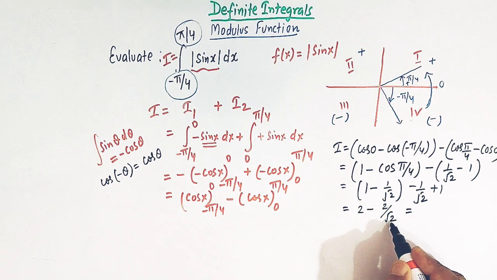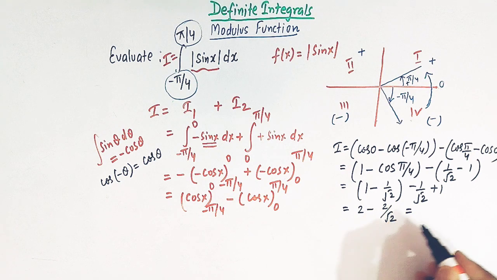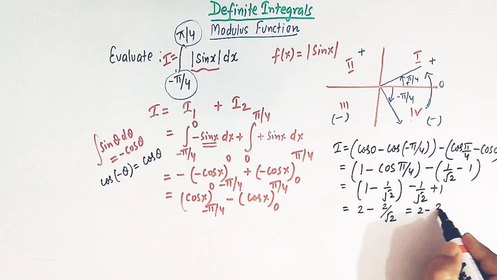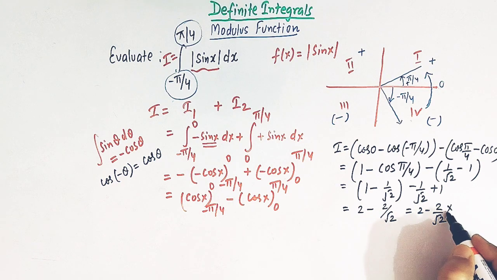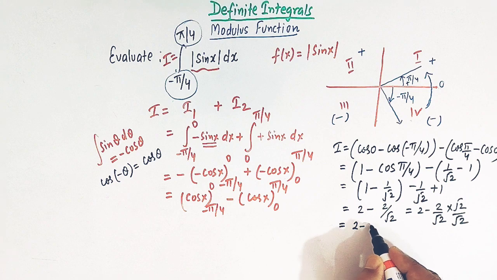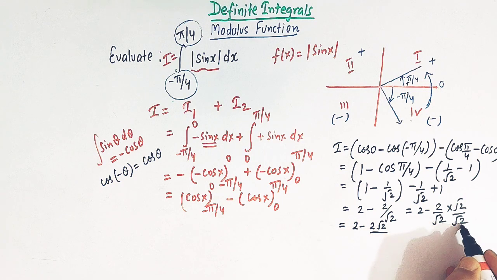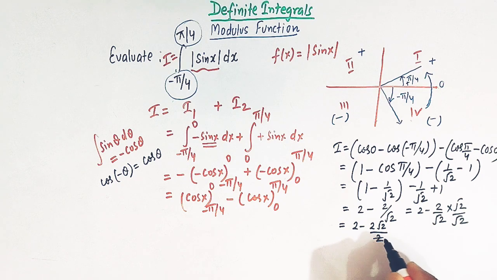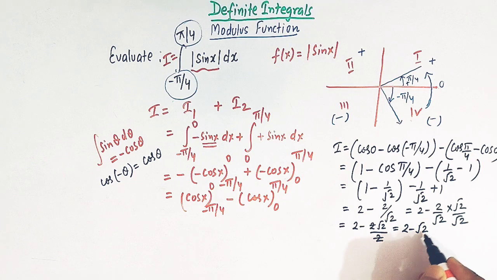Now we can rationalize this denominator. So we have 2 minus 2 over root 2, multiplied by root 2 over root 2. This is 2 minus 2 root 2 over root 2 times root 2, which is 2. So 2 and 2 get cancelled, and we are left with 2 minus square root of 2.